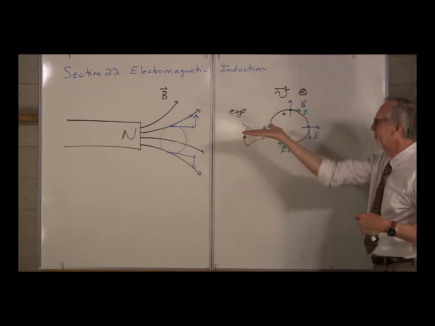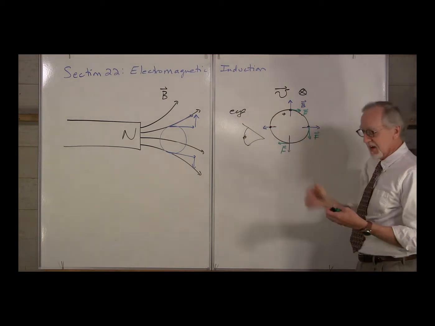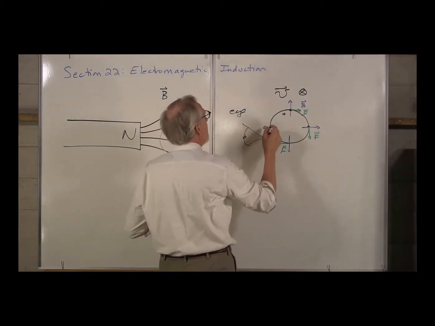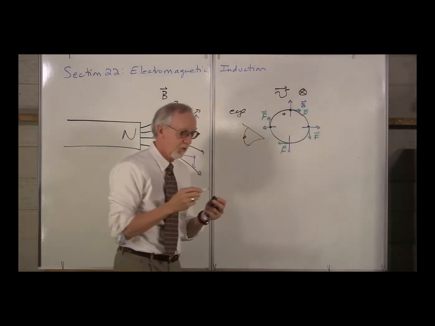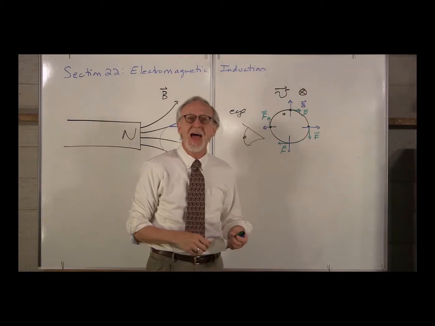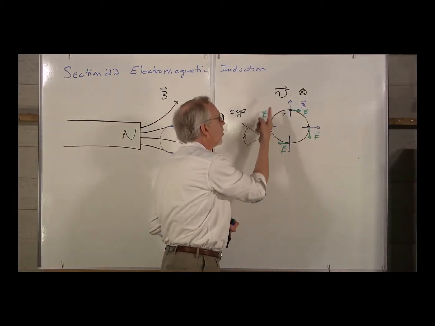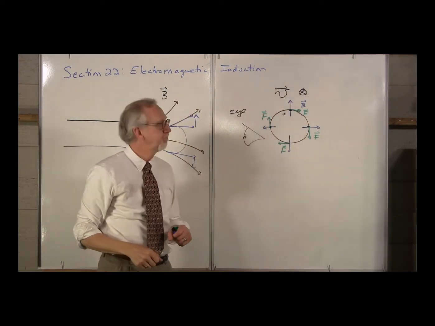V, B, the force is upward. There we go. We have forces acting on the positive charges in a clockwise direction, always around the loop.